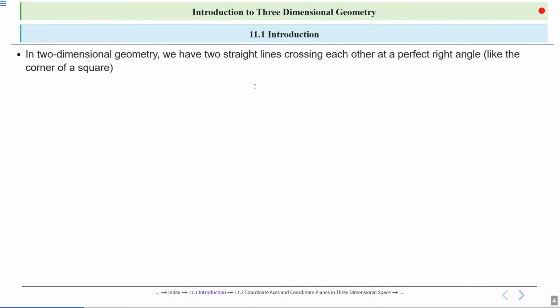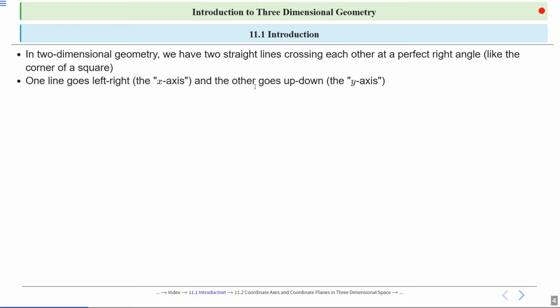So let's start by thinking about two-dimensional geometry. Imagine two straight lines crossing each other at a perfect right angle, just like the corner of a square. This is the basic setup we use to describe positions on a flat surface.